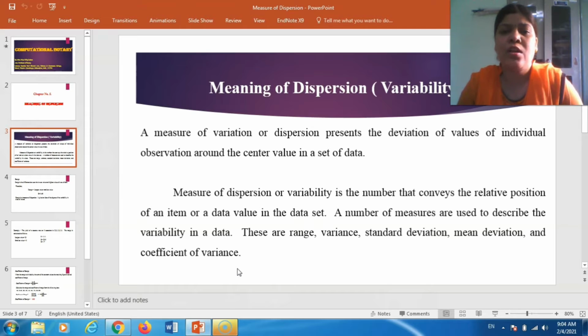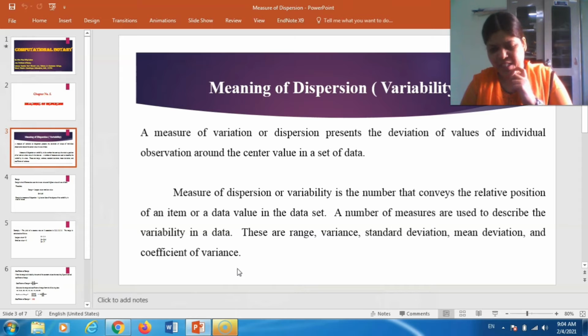For that there are commonly some methods: range, variance, standard deviation and mean deviation. Among them, standard deviation is most applicable and most accepted, and after that variance.